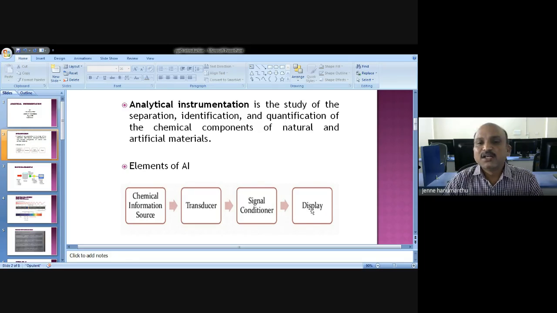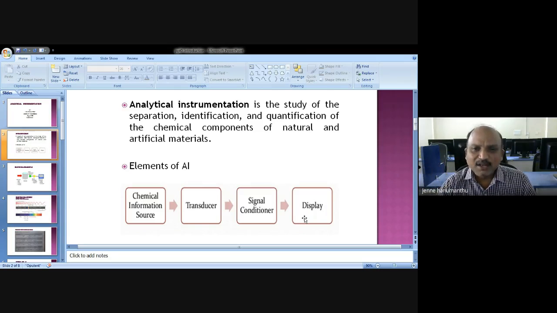After the signal conditioner, you have to get the display. The display is nothing but the readout. The display may be analog, maybe digital sometimes. Analog means taking a voltmeter showing pointer deflections, or an ammeter showing pointer deflections, or with the help of digital instruments, a digital display in terms of numerical values, such as a 7 segment display.